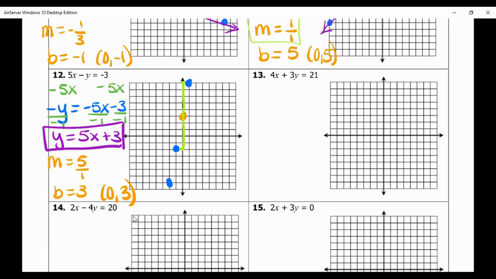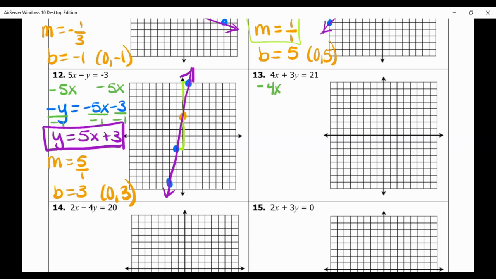Graph as many points as you can. I'm going relatively quickly through these examples because they are kind of repetitive. At any point, you can stop this video and start your practice.